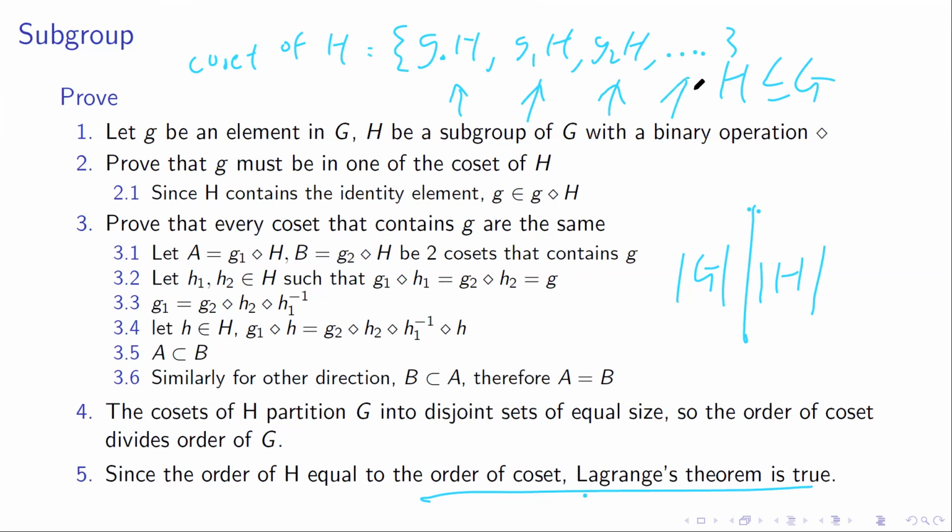Since all of these are the same size, if you can prove that for every element G in the big group G, this G can only be in one of the coset and cannot be in more than one, then it means that the order of the group G is equal to the order of G0H times the number of coset. And this G0H is basically the same as H.